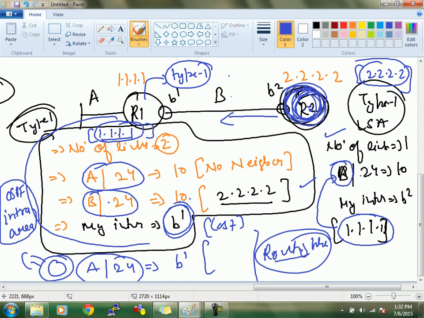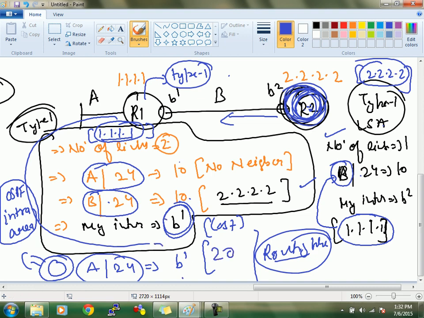Now, very important thing. For R2, for B network cost is 10. This thing is clear. R1 is also forwarding the same cost. So this time cost is added. For A network cost is 10. For B network cost is 10 plus 10 is 20.